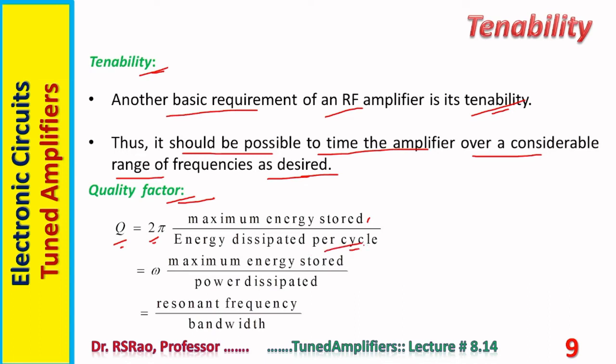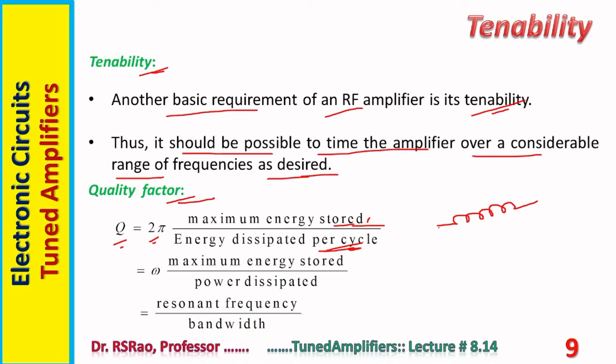To understand the definition, even though it is quite general, consider an inductor coil, a coil like this. You know well, coils store energy. So maximum energy stored in the coil, energy dissipated per cycle.